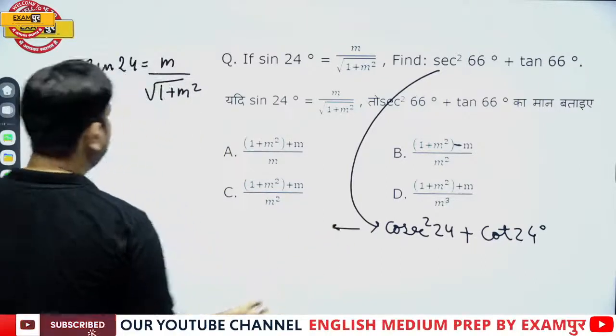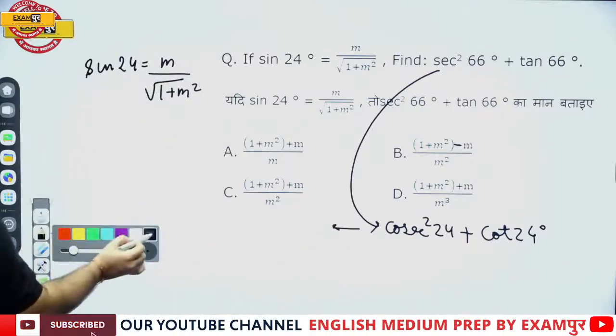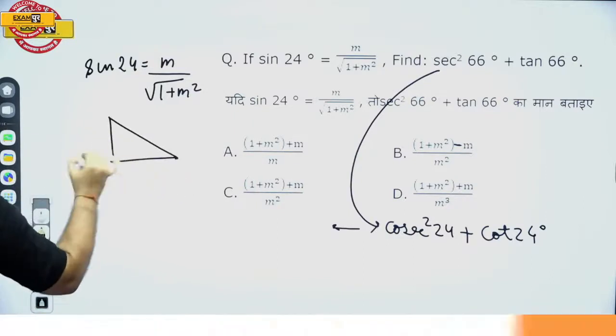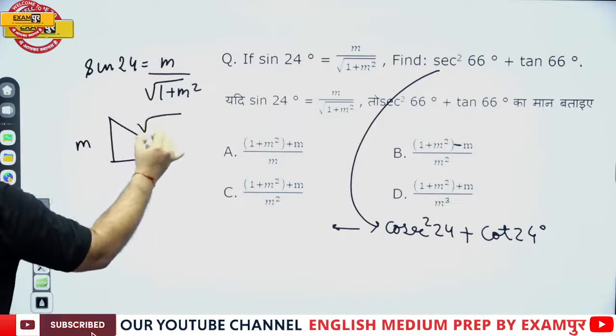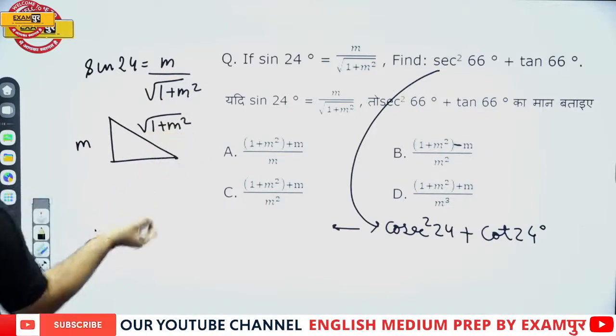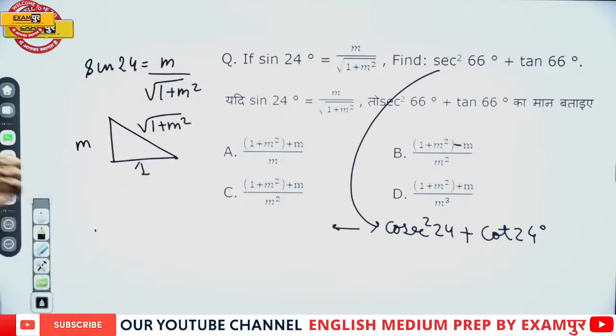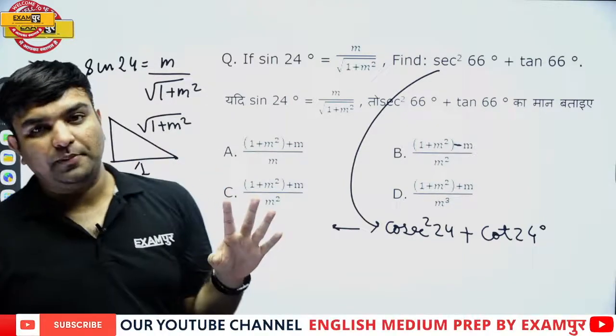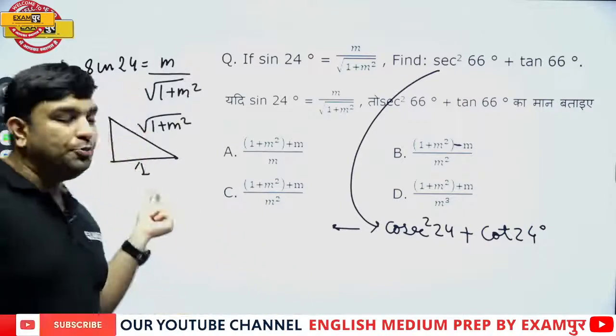Now, if sine is known, it means perpendicular is m, hypotenuse is under root of 1 plus m square. So base should be 1, then only it becomes under root of 1 square plus m square. The base should be 1, guys.